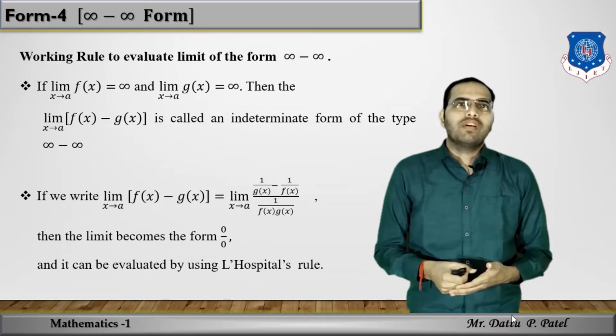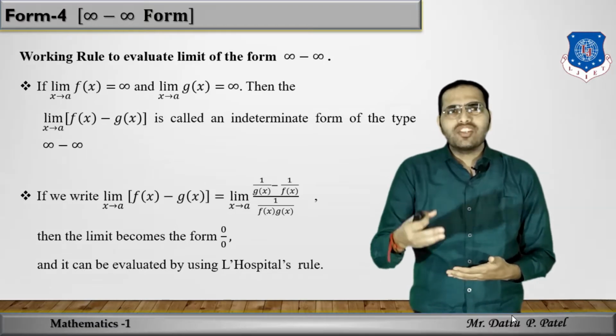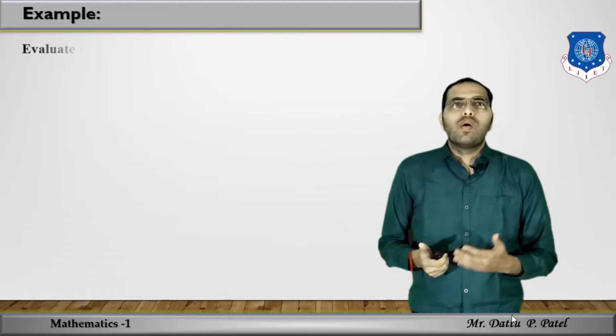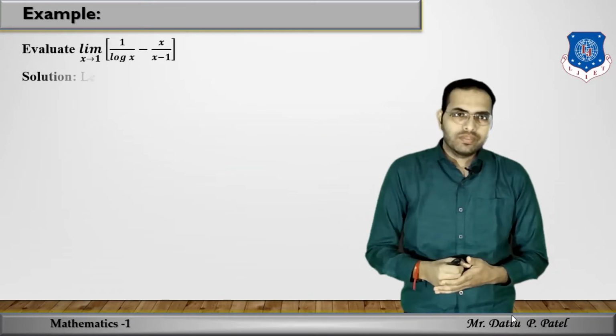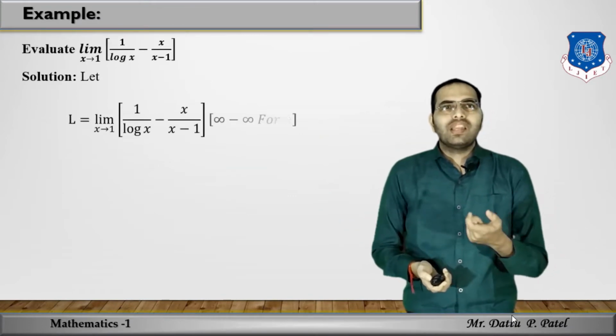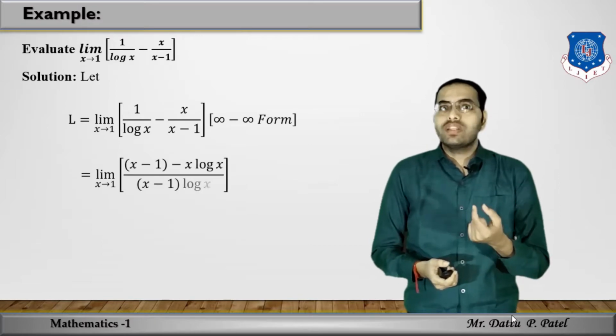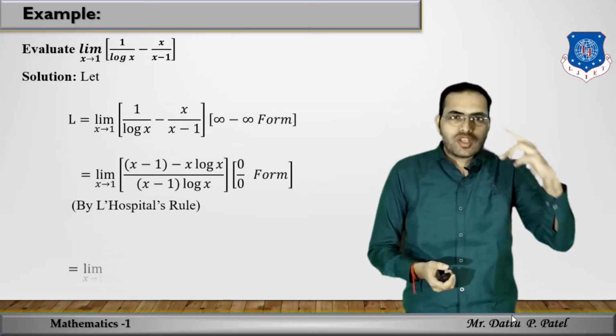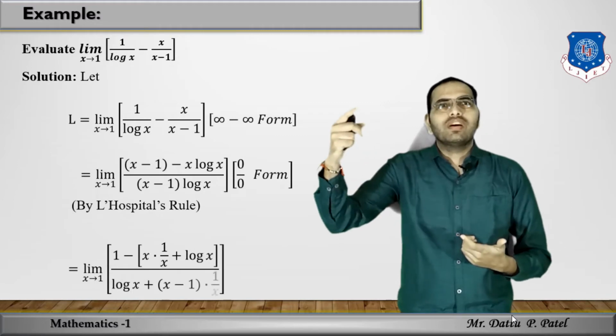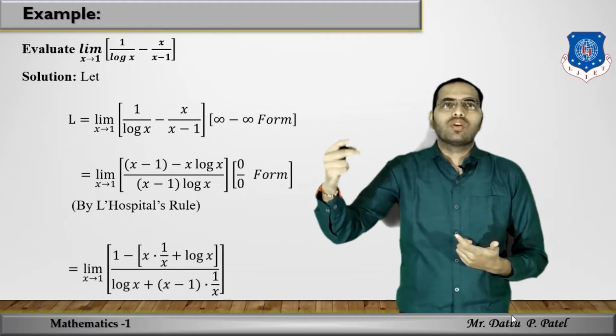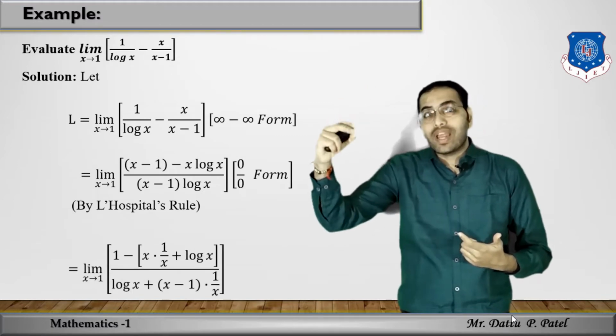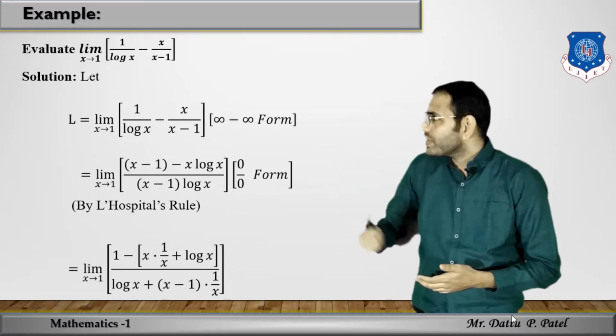Let's see one example. Limit x tends to 1 of 1 upon log x minus x upon x minus 1. Applying the limit x tends to 1, log 1 is 0, so 1 upon 0 is infinity; again 1 upon 1 minus 1 is 0, so 1 upon 0 is infinity. The given form is the infinity minus infinity indeterminate form.